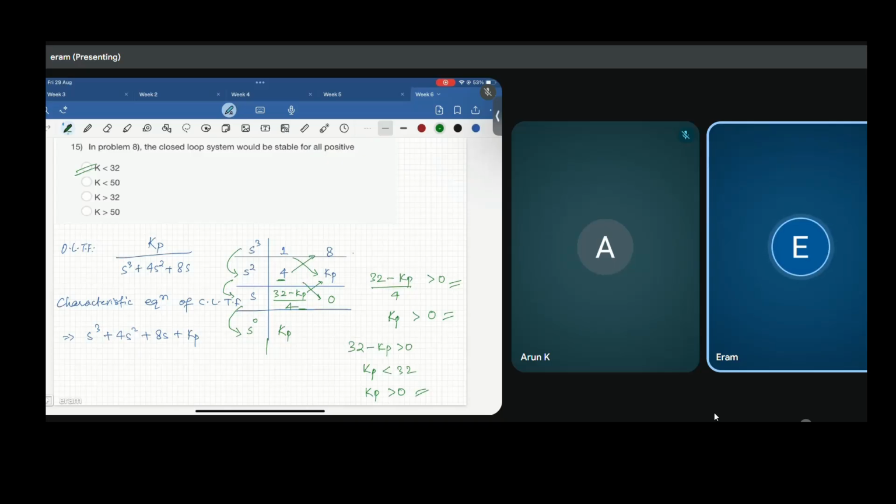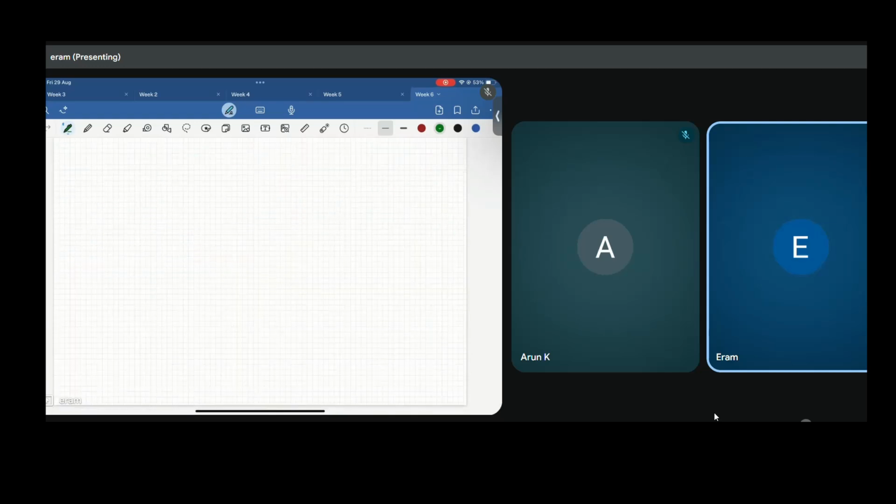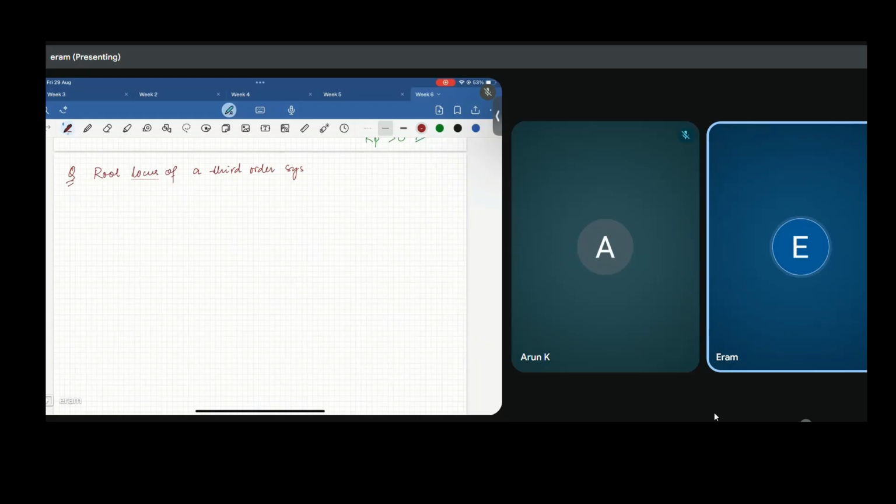Okay, now let's solve some other problems. So we are given the root locus of a third order system.